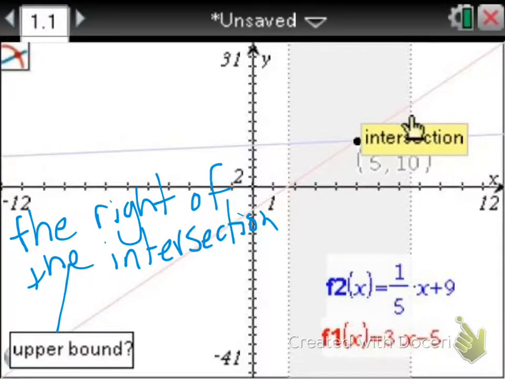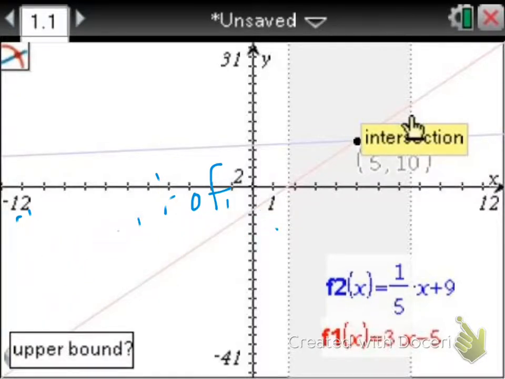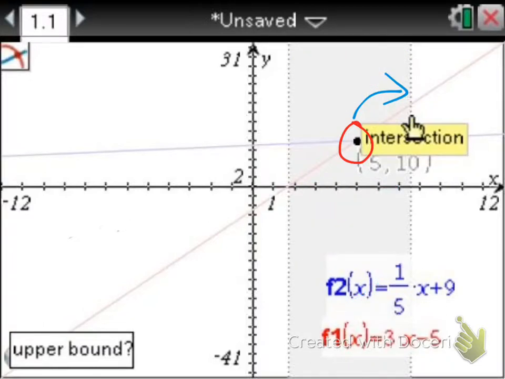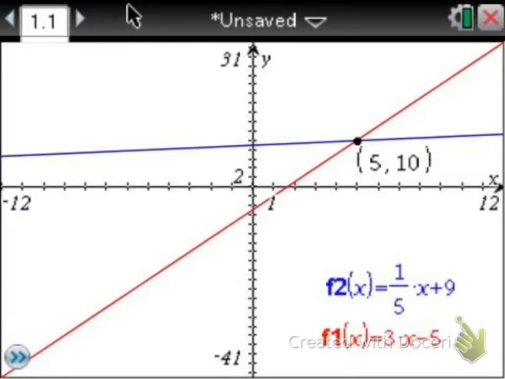That seems easy enough, right? If you take a look, you will see that I moved my hand to the right of the intersection. You see this little shaded area? That means that I moved and covered the intersection. After I do that, I get my answer.